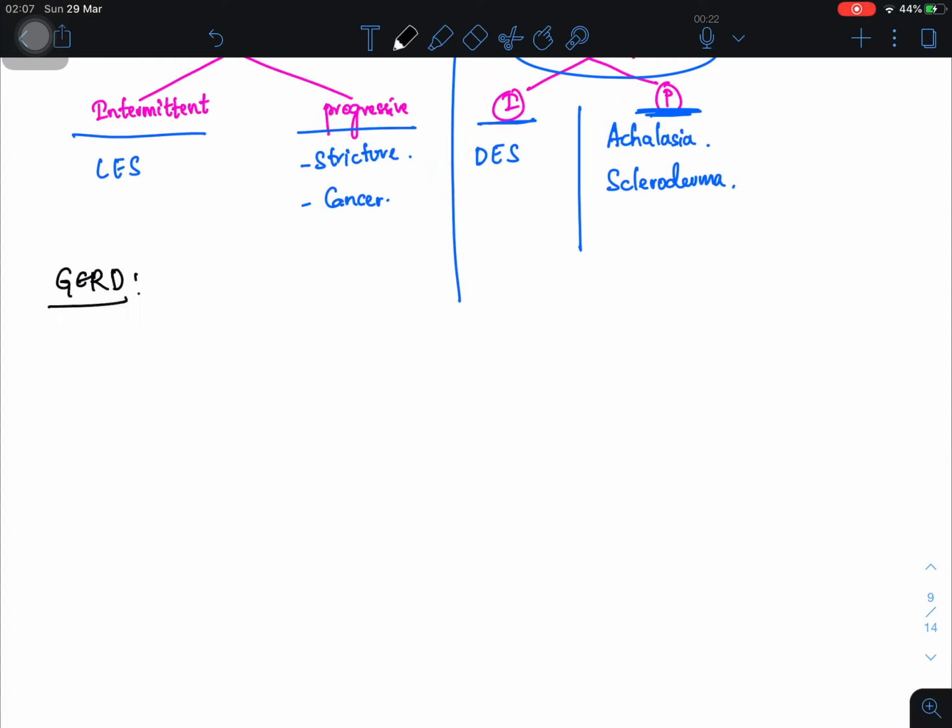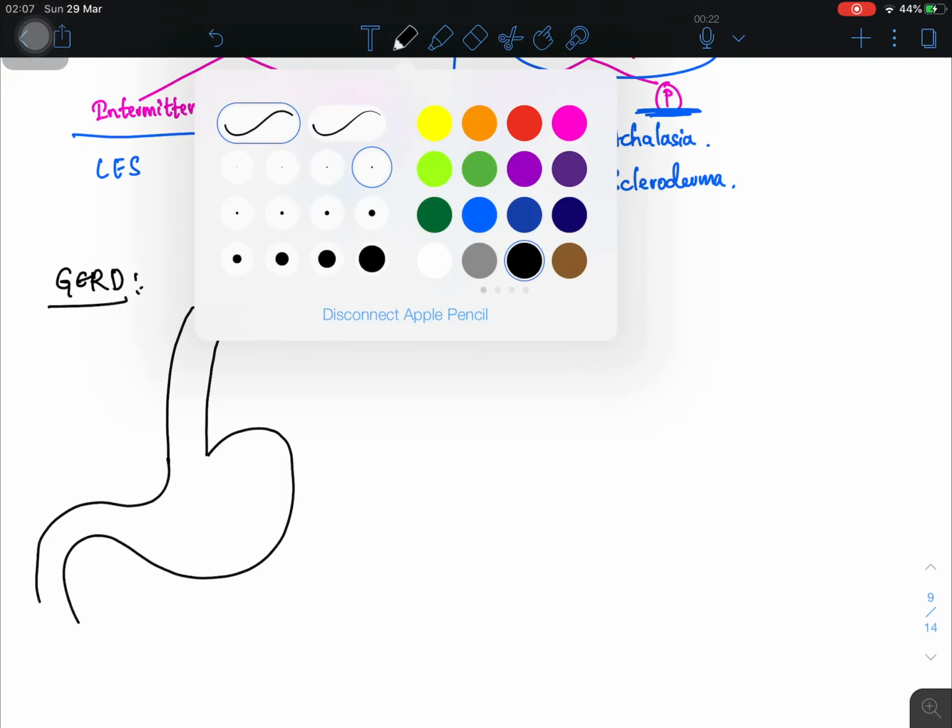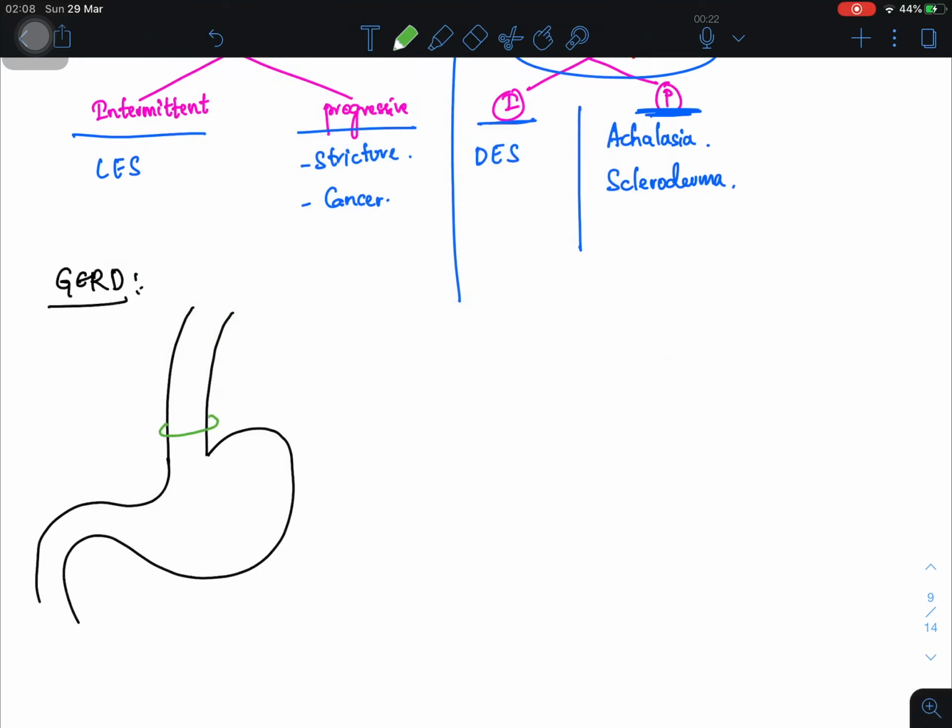As you know, GERD is gastroesophageal reflux disease. This is your esophagus and this is your stomach over here. As you know, the lower part of the esophagus has got a sphincter. Now this sphincter here is called the lower esophageal sphincter, which has a pressure of about 20 mmHg.